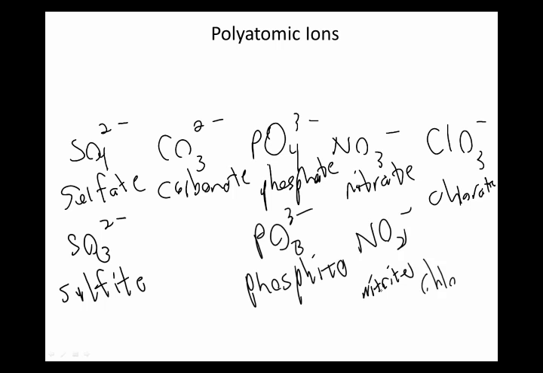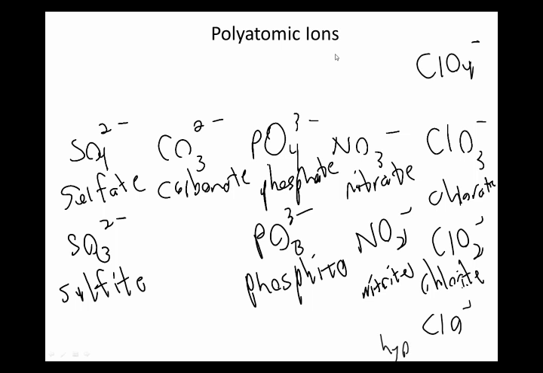Chlorite, ClO2-. Now, the chlorine series actually goes 1 more in either direction: ClO- and ClO4-. They all have the same charge, but the number of oxygens is changing. So there's a word meaning below. 1 less oxygen than chlorite is hypochlorite, right? 1 less oxygen, so below chlorite.